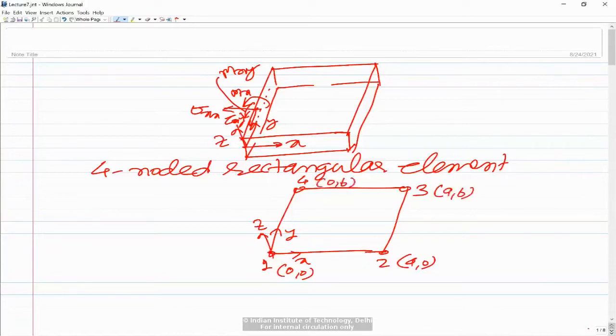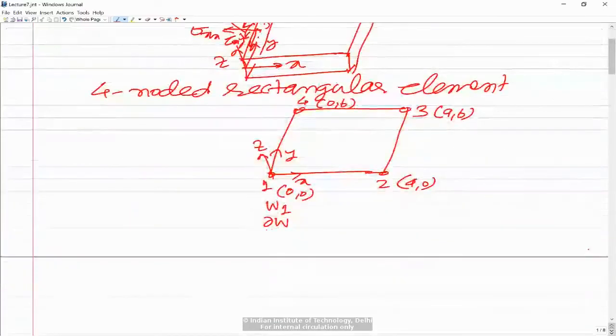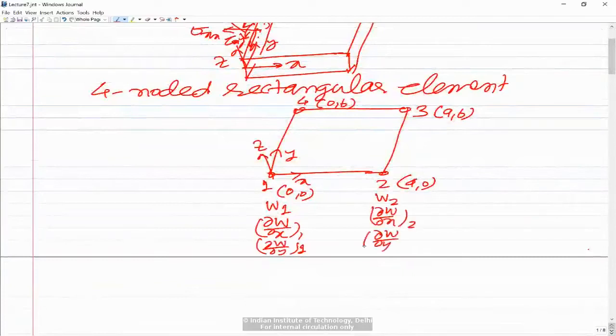The degrees of freedom at these nodes are w1, because we said primary variables should be degrees of freedom at the node point. So del w by del x at 1, del w by del y at 1, then w2, del w by del x at 2, del w by del y at 2.